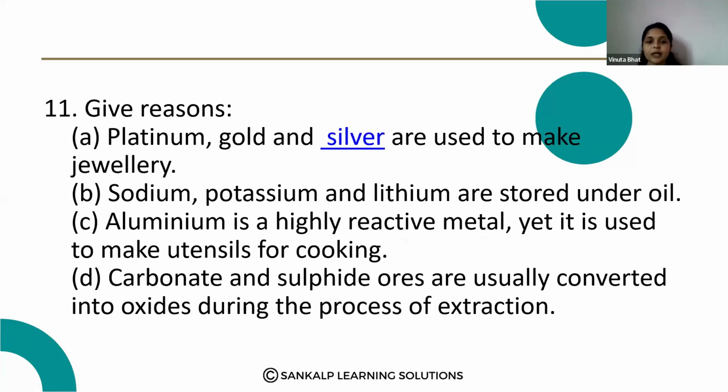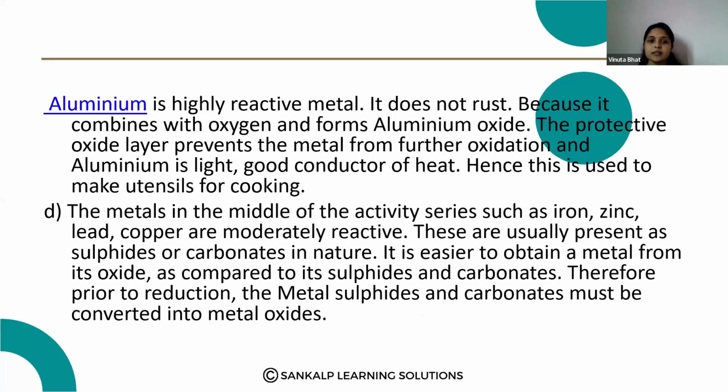Then the last one, carbonate and sulfide ores are usually converted into oxides during the process of extraction. What is the reason behind this? Here, the metals in the middle of the reactivity series such as iron, zinc, lead and copper are moderately reactive.